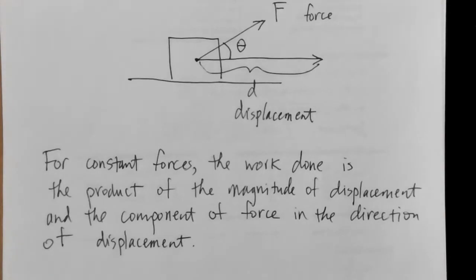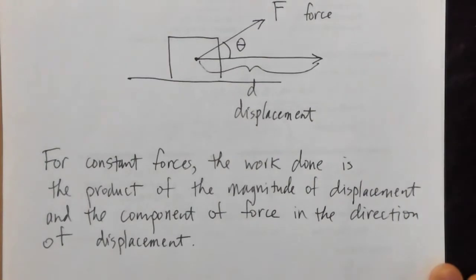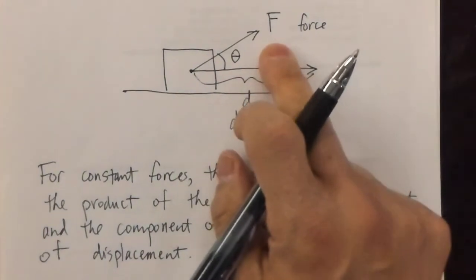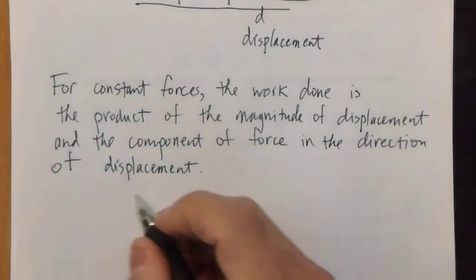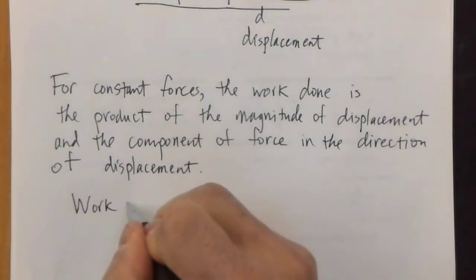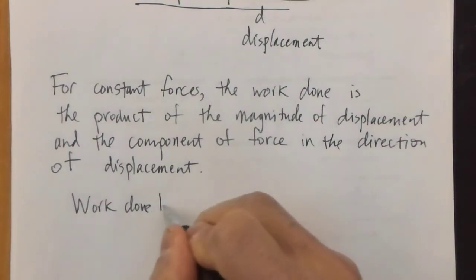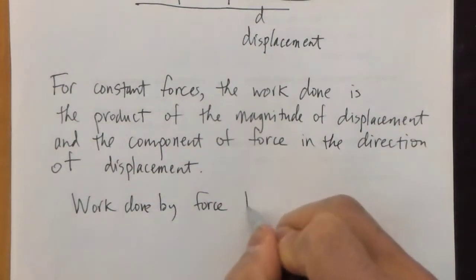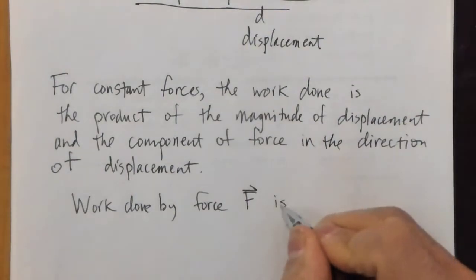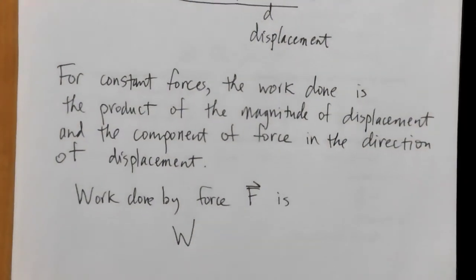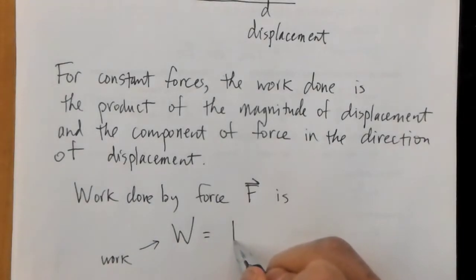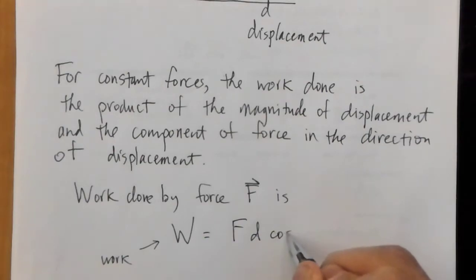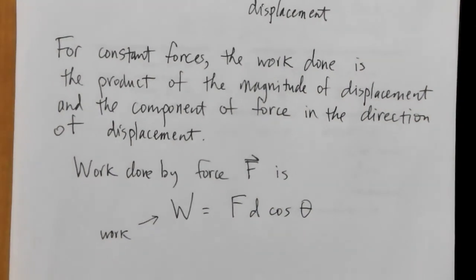If that's a bit confusing in sentences, let me just show you in equations. We have this force here, F. Then we would say the work done by force F is, and that's capital W for work, F times D times the cosine of the angle between them.